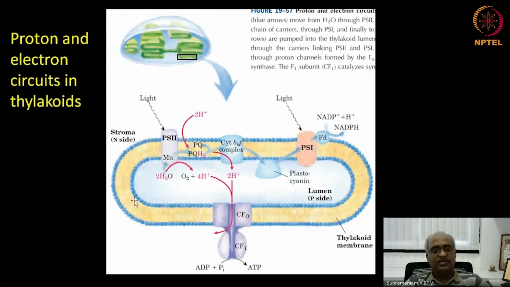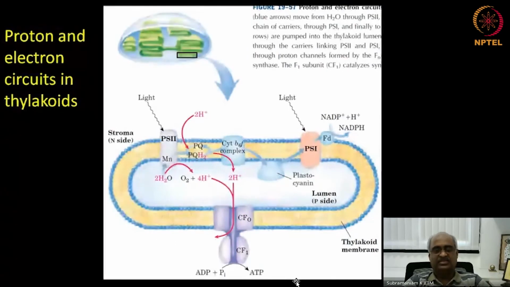And the proton gradient created by the water splitting complex and the cytochrome B6F complex, when it flows down the gradient, you make the ATP. So reducing equivalents as well as ATP are produced by the light reactions.